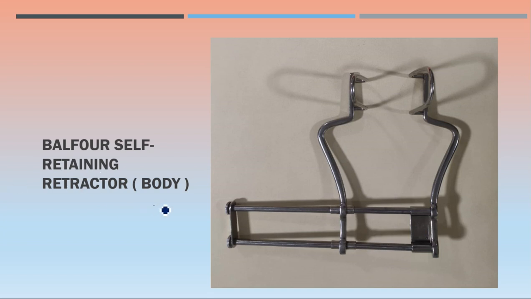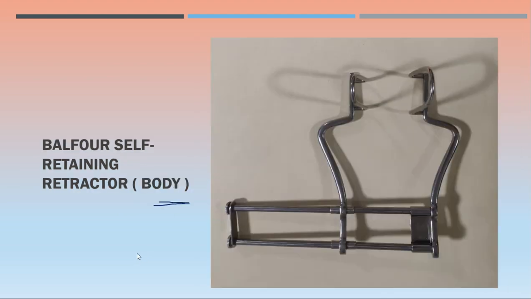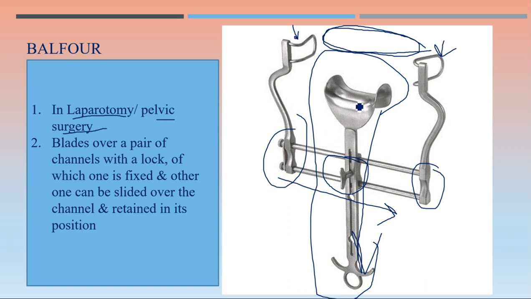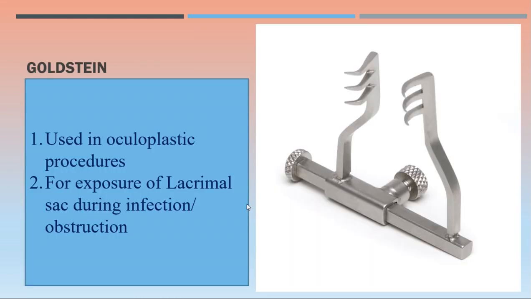Here you can see this is the body part, and this was the blade, the Balfour self-retaining retractor blade, and this blade is also there during the instrument examination part. Don't get it confused with some sort of independent retractor. It is a type of blade that is used in Balfour self-retaining retractors, this blade, and this is the body.